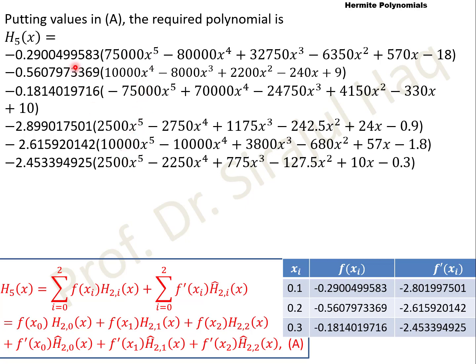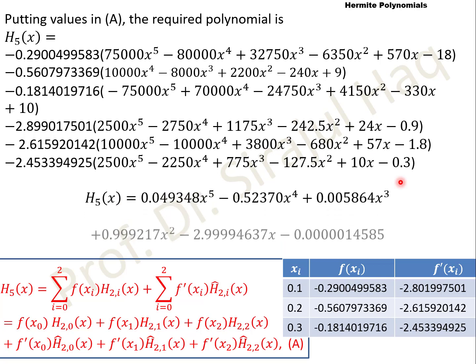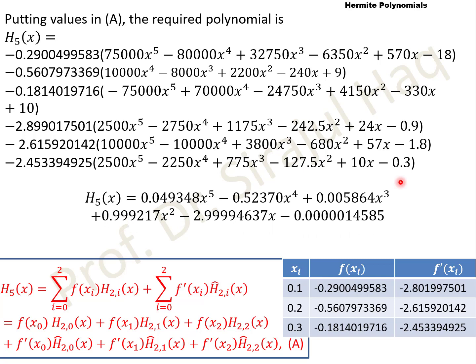But remember, there are some factors in multiplication also: x raised to the power 4, x raised to the power 3, x square, and x, and then you have the constant terms. If you simplify this, you get a polynomial of degree 5. You can see in this case, we replace the data by a polynomial.